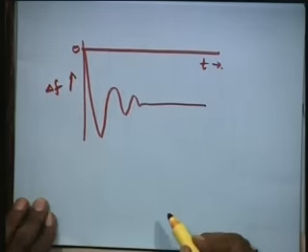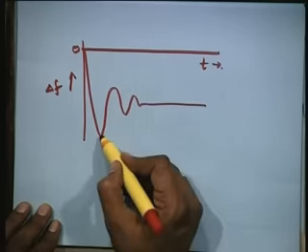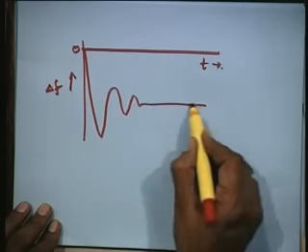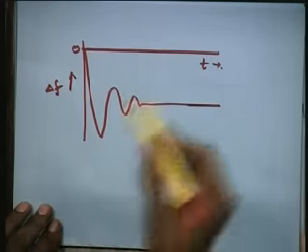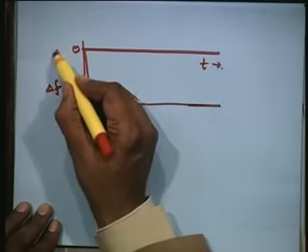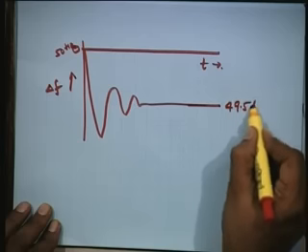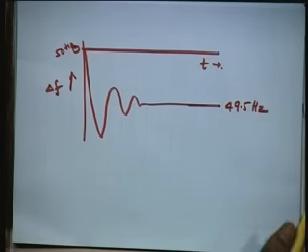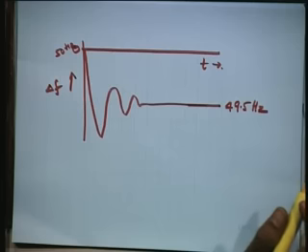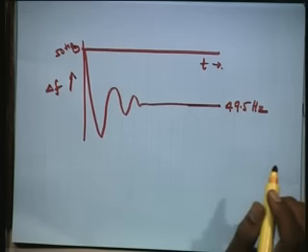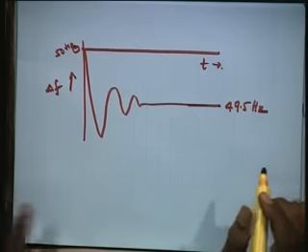Now, as you can see, it reaches a peak, an overshoot, comes back, and after some oscillations it settles down to a new steady state. So, if it started at 50 hertz and if it settles down to 49.5, then there is no problem, we are safe, and we say the system is stable. Now, what is the control area concept?